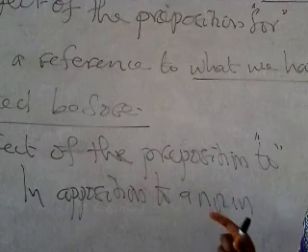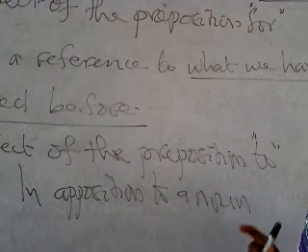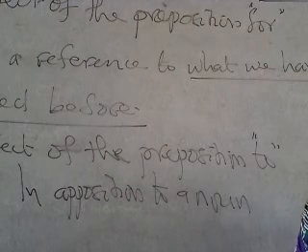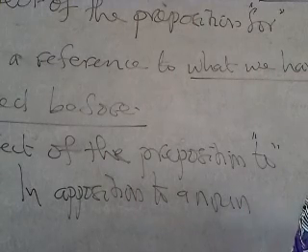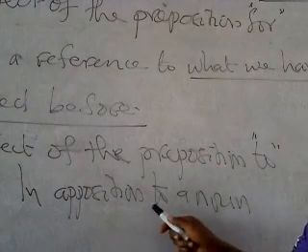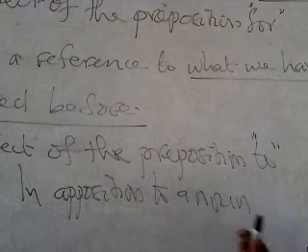We have the noun clause, and that noun clause explains or makes reference to another noun. So that is why we are saying a noun clause in apposition to another noun.